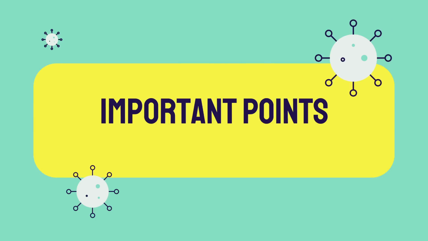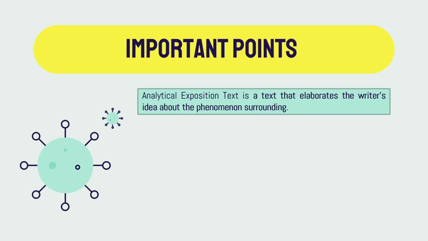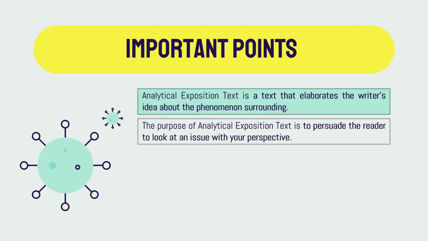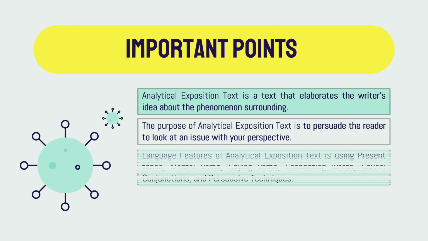So all of the materials we have learned will be summarized here. Important points. Let's sum up. The first one, analytical exposition text is a text that elaborates the writer's idea about the phenomenon surrounding. The purpose of analytical exposition text is to persuade the reader to look at an issue with your perspective.